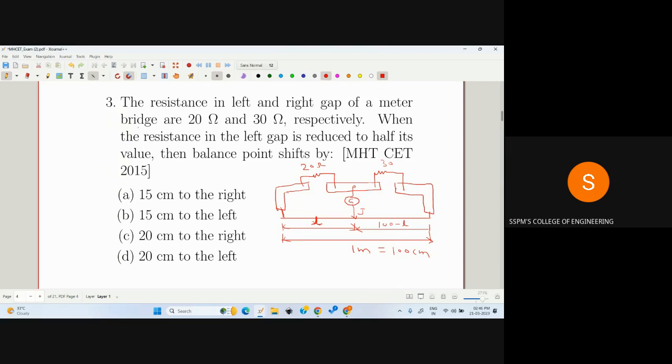Now the first condition is given: the resistances in the left and the right gap of the meter bridge are 20 and 30 ohm respectively.